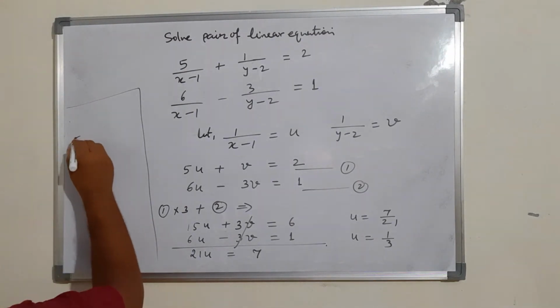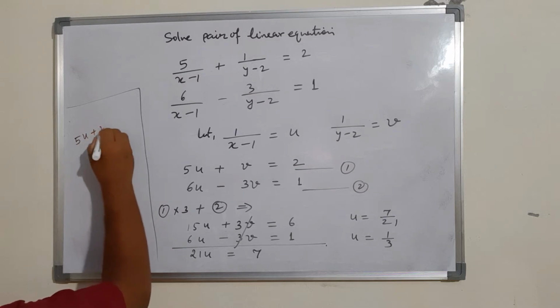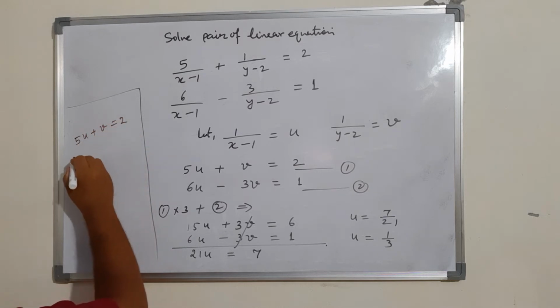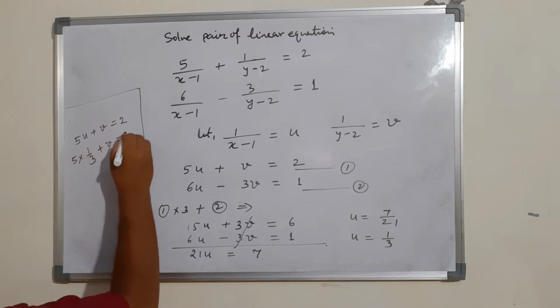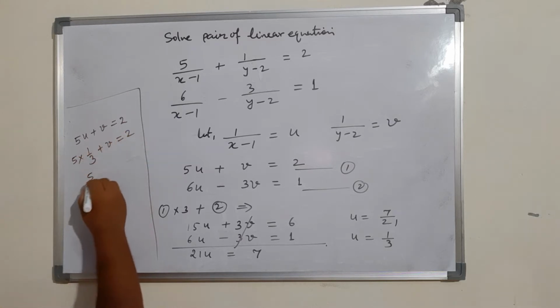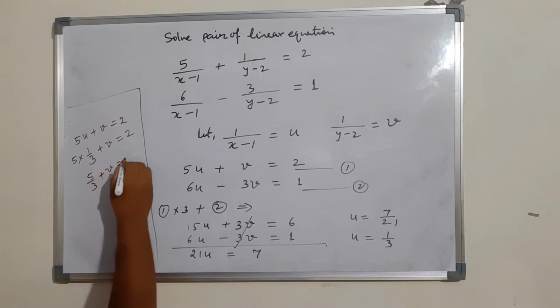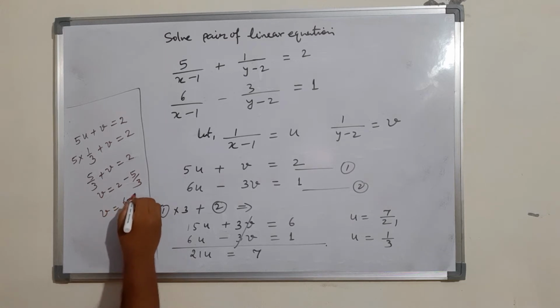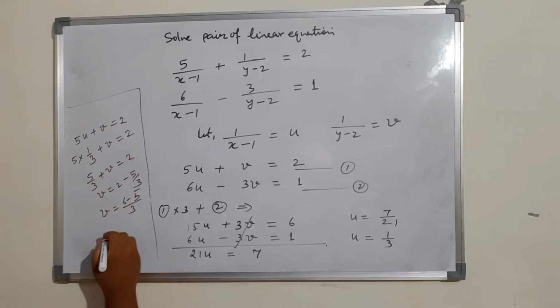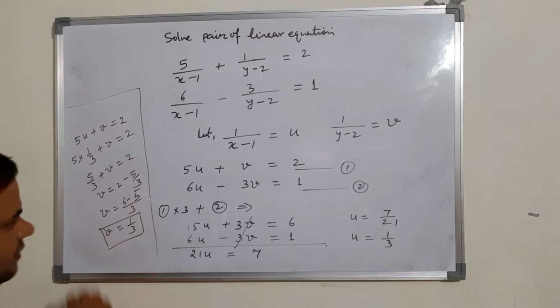So 5 into u plus v is equal to 2. So 5 into 1 by 3 plus v is equal to 2. So 5 by 3 plus v is equal to 2, v is equal to 2 minus 5 by 3, so v is equal to 6 minus 5 upon 3. So v is also 1 by 3.